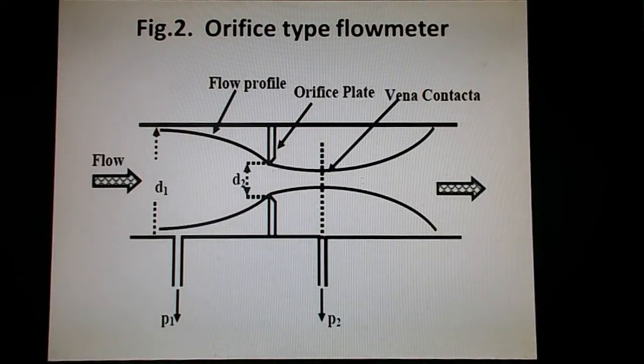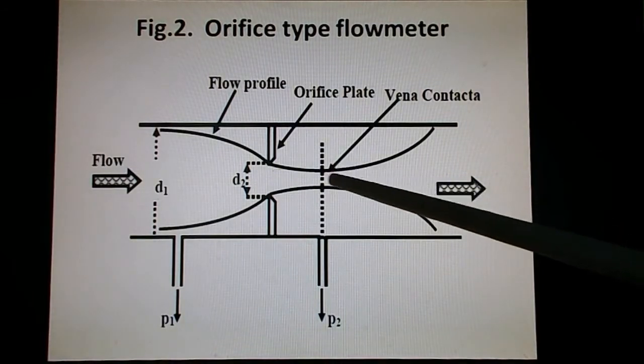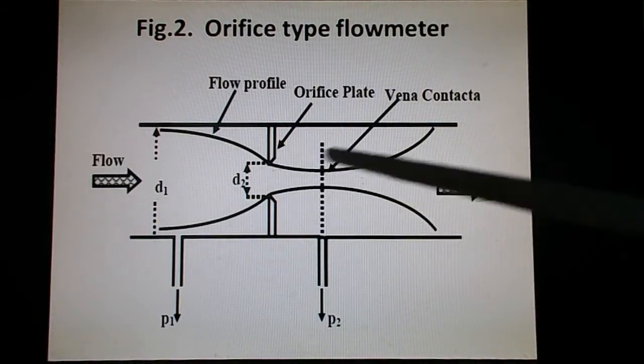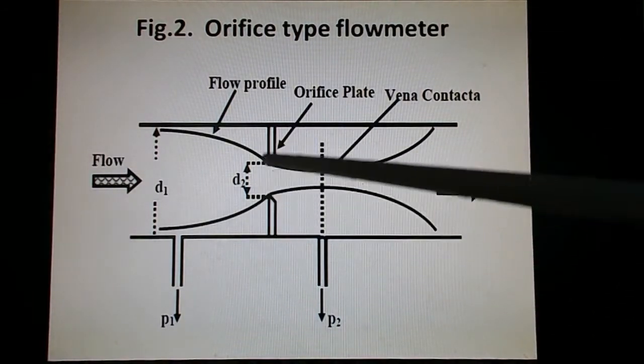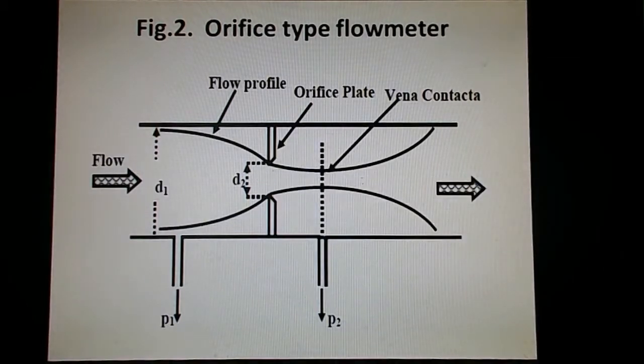The area of cross section of vena contracta is less than the area of cross section of orifice plate, that is A2. So because of this, in equation number 3 we have to use some coefficient of discharge, which we shall explain.